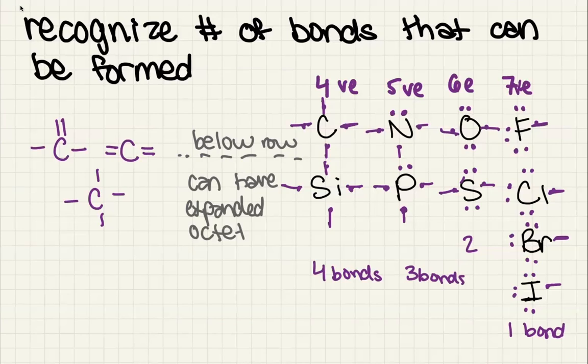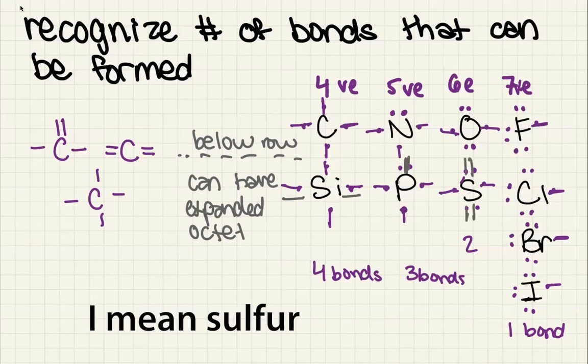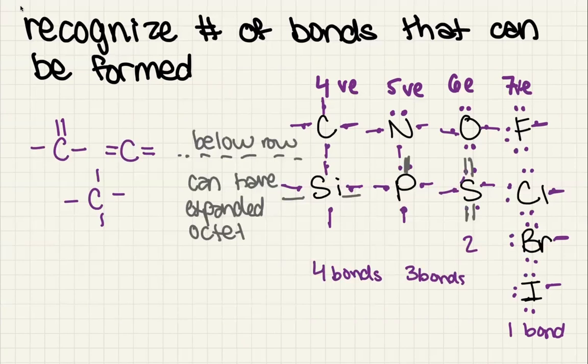So if we have silicon, instead of just forming 4 bonds, we can also have it form 6 bonds. With phosphorus, it can also form 5 bonds. And with silicon, we can also have 6 bonds. And so just note that you can also have more bonds formed to these than you would predict. But that's not going to come into play that much.